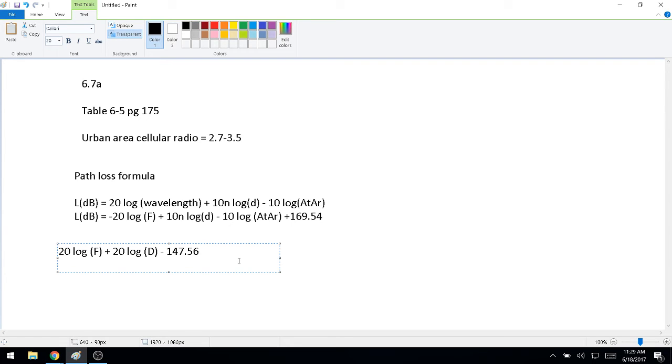This is the formula that we use when we're assuming that it's a free space loss environment and we're just looking at the loss that we experience over the free space. But really, we're used to using this formula for free space loss, which again, we want to do because the question's telling us that we're in a free space loss environment.